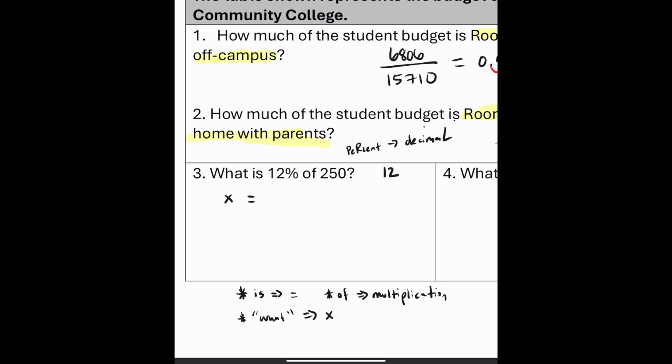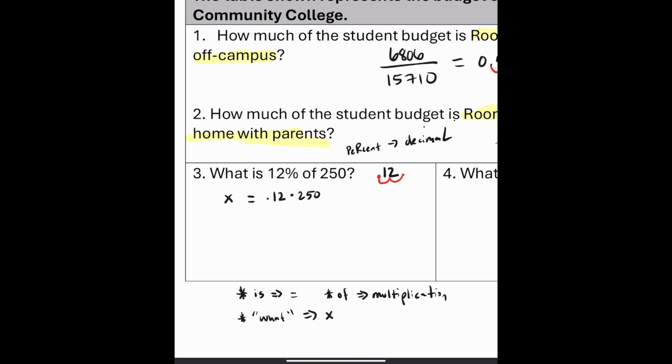So I need to start from the right and move the decimal to the left 2 times. So that is 0.12, okay? So 0.12, and then we have the word of, so that means multiplication, times 250.